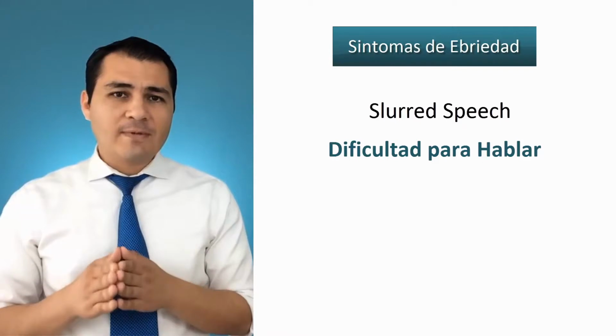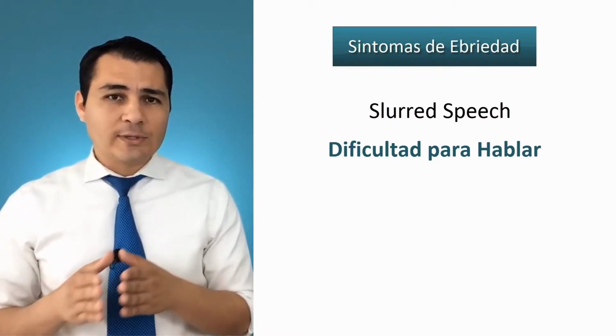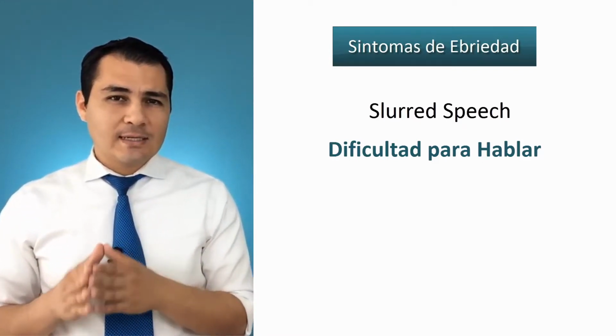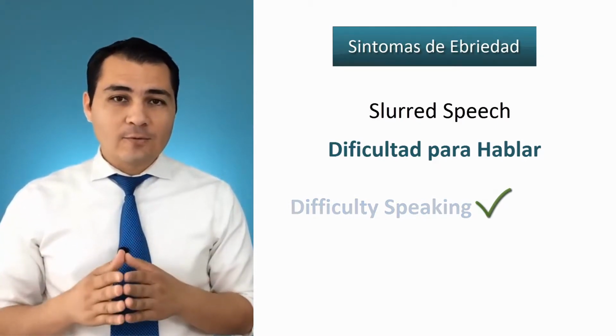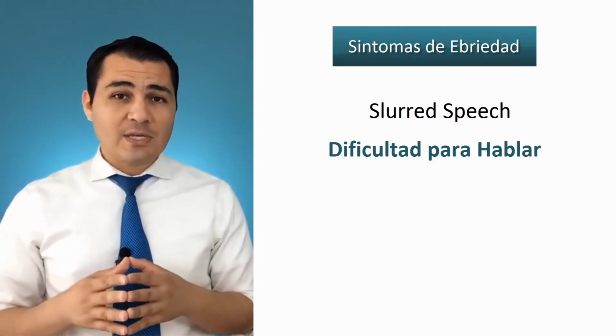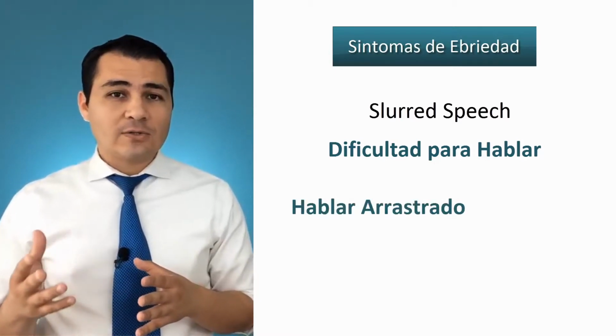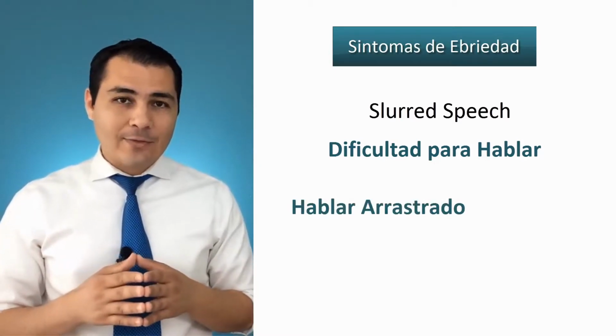Now, maybe some of you caught that dificultad para hablar really says difficulty speaking. You are correct. That is another way of saying slurred speech. In Spanish, we can also say hablar arrastrado.